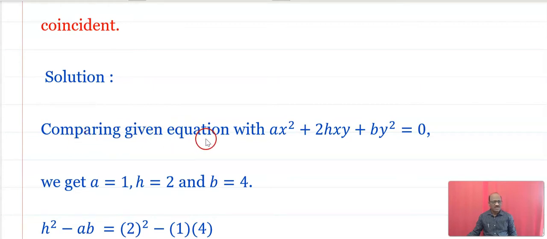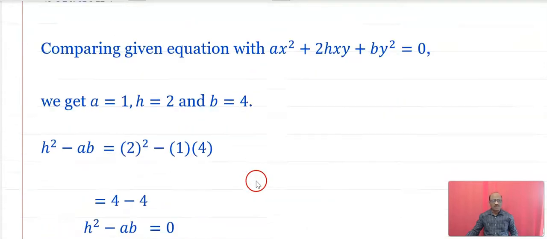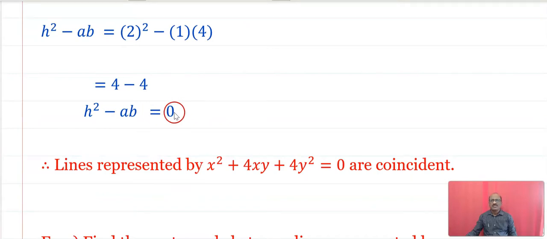Comparing the given equation with ax² + 2hxy + by² = 0, we get a = 1, h = 2 and b = 4. Therefore h² − ab is 2² − (1)(4), 4 − 4 = 0, so h² − ab = 0, and that's why the lines represented by x² + 4xy + 4y² = 0 are coincident.